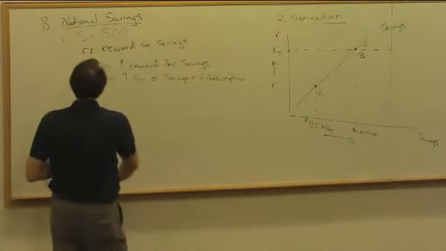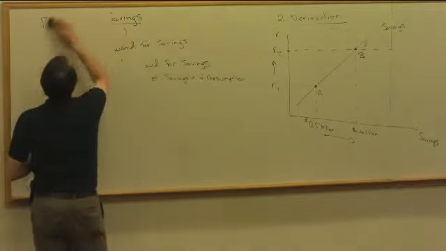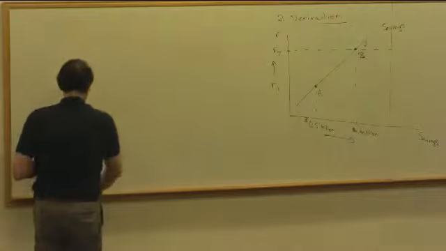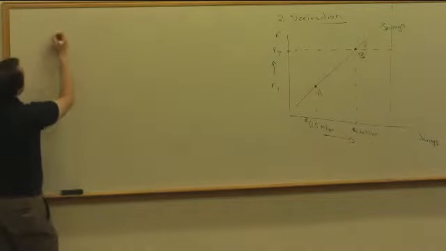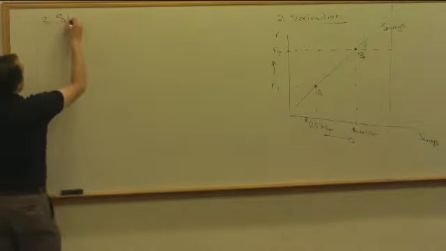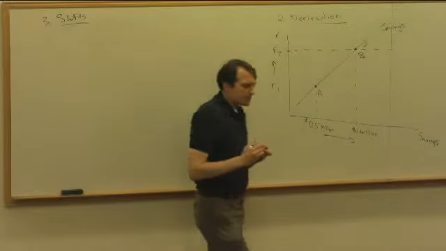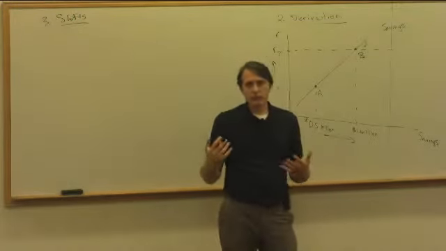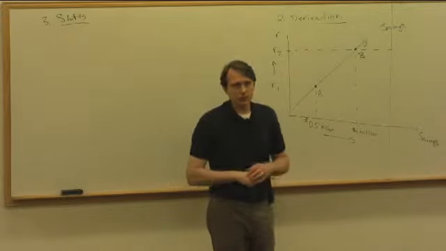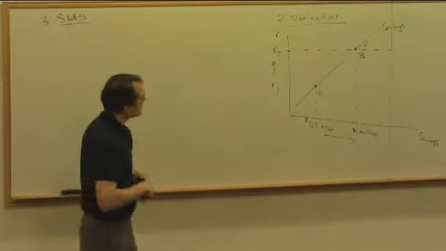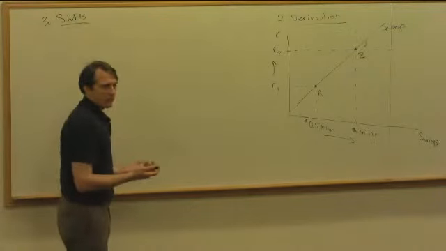All right. Again, we're going to want to talk about things that shift the national savings curve around. So 2 is derivation. That means 3 is going to be shifts. And again, there's going to be a whole host of things that potentially could shift the national savings curve around. I'm just going to talk about 1 or 2 so you can get the flavor. But basically, it's going to boil down to this.